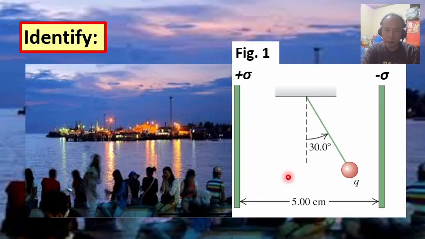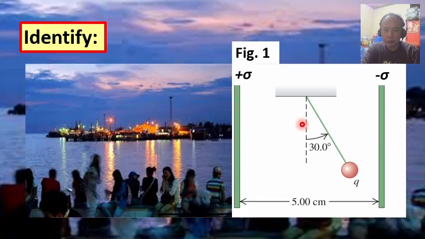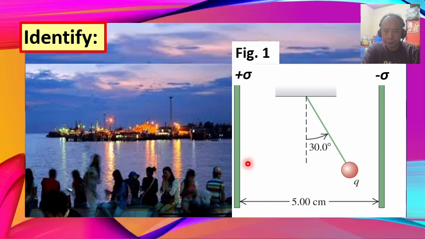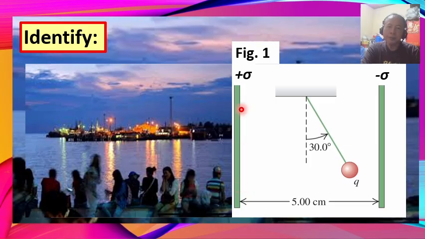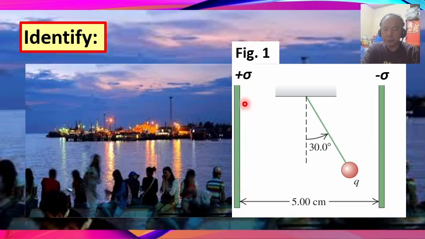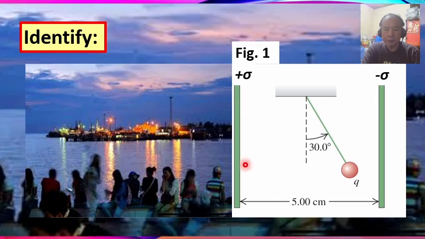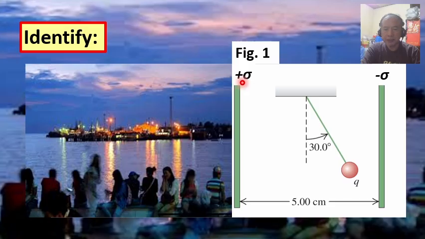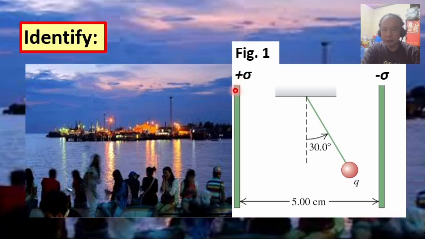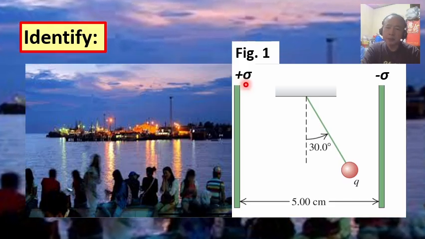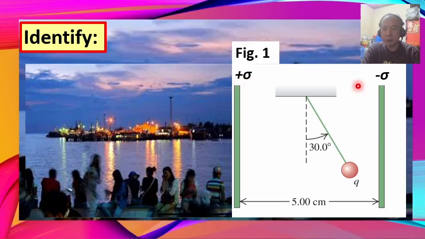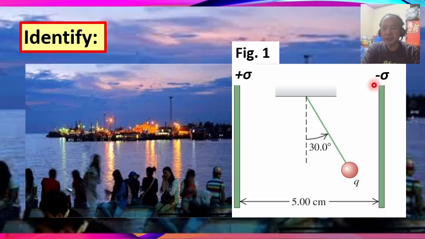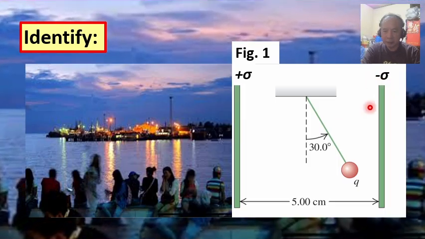As shown in figure 1, we have the illustration, right? We are given the charge densities of the parallel vertical plates. The one on the left has a positive charge density, positive sigma, while the one on the right has a charge density negative sigma.